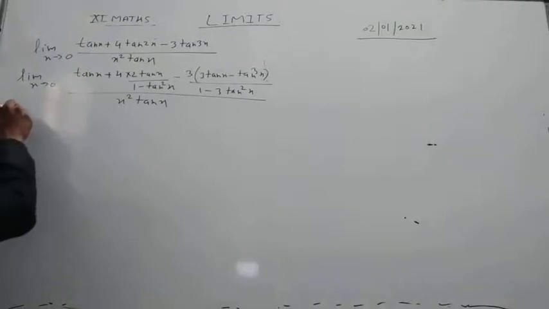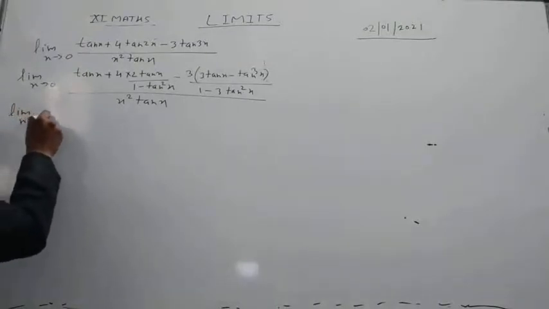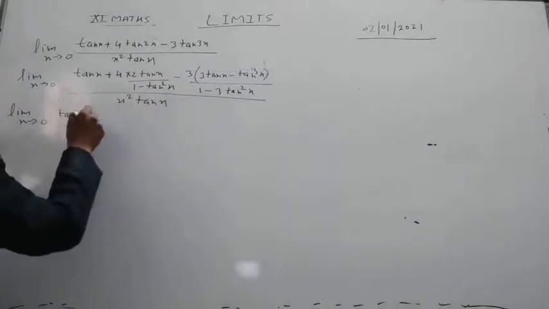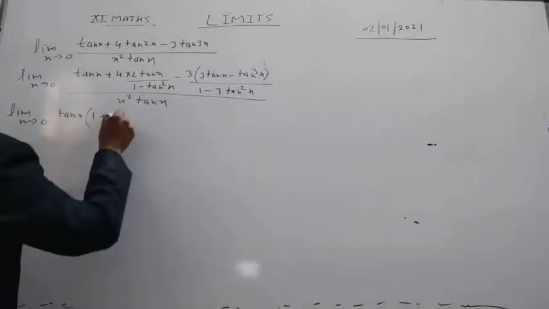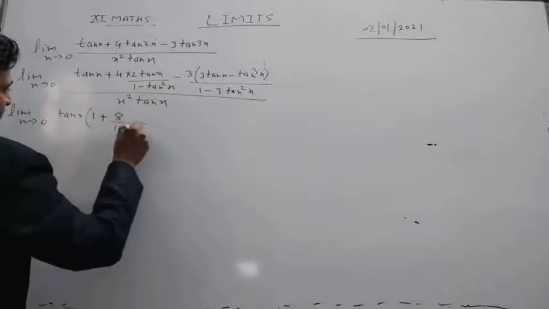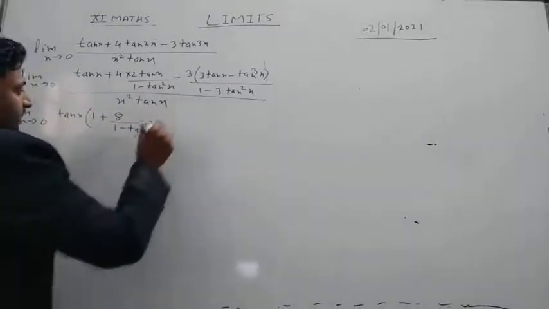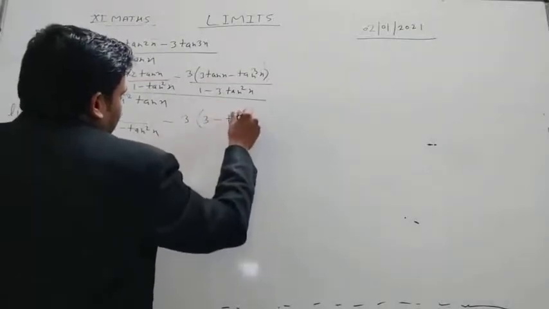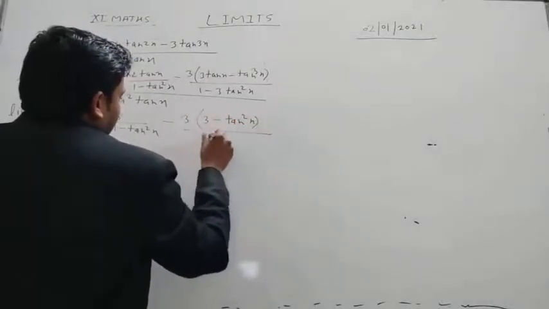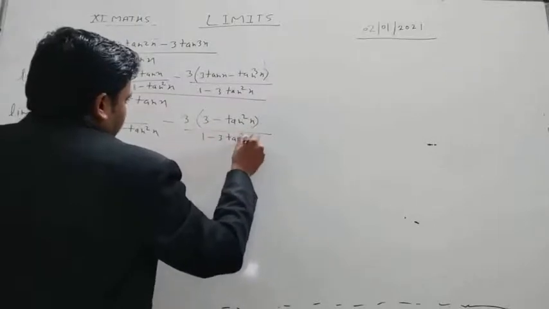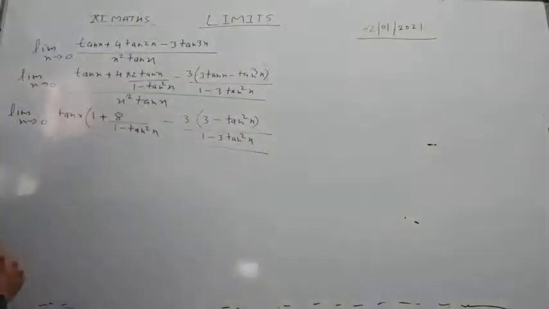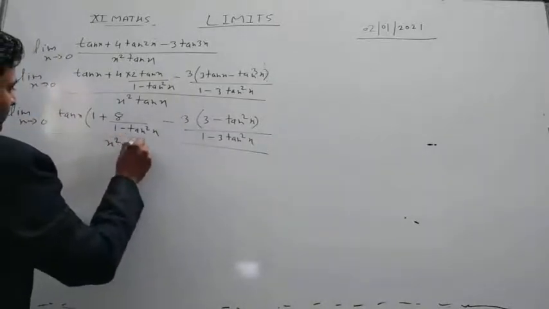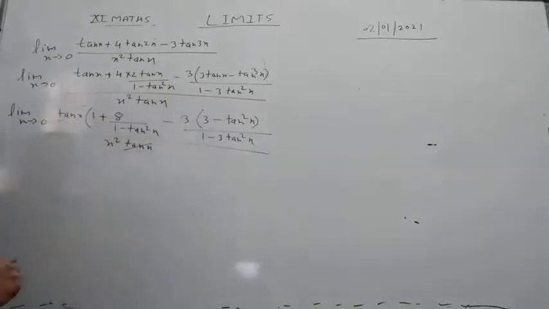So student, we write limit x tends to 0 with tan x taken common outside. Okay, so we get 1 plus 8 by 1 minus tan square x, and here minus 3 times (3 minus tan square x) by 1 minus 3 tan square x, and by x square tan x. So this is cancelled.